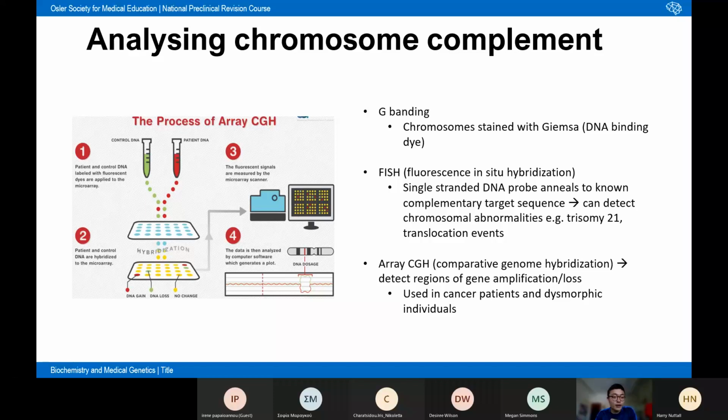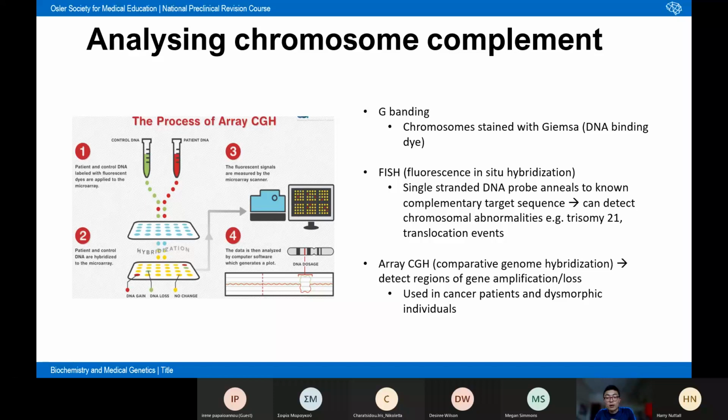If you can see the diagram here, in short, the way array CGH works is we label both test DNA, the patient DNA here in red, and the control DNA, which is the DNA of a wild type person who doesn't have a given disease. Then we allow both of these labeled DNAs to hybridize with microarray wells, each of which contains a DNA probe referring to a particular locus or a particular gene.